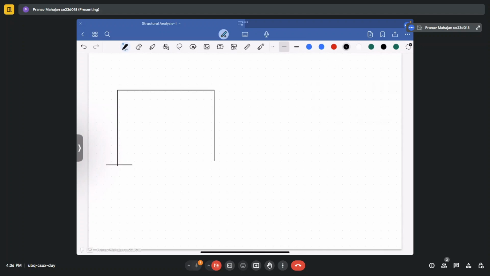Suppose you have a frame with UDL applied on the horizontal span, and the loading value here is 7.5 kilonewton per meter. This is your end A, B, C, and D. Let this length be 5 meter, this be 10 meter, and this will be 5 meter.